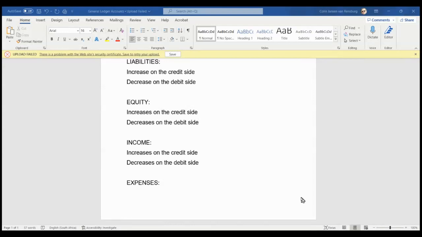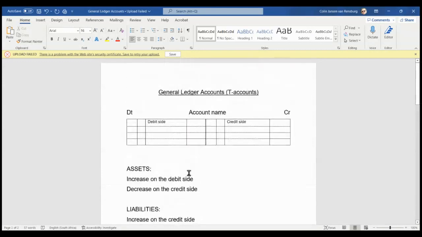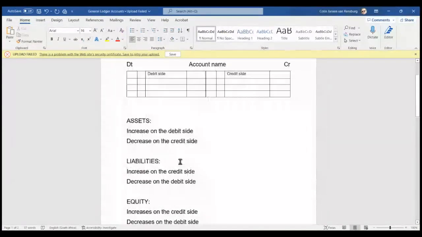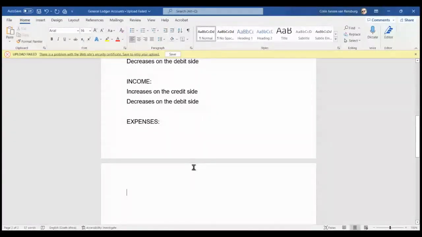So your expenses will increase on the debit side. So let us type that in for us. Expenses. Oh, now we're going to the next page. I might just reformat it a little bit later. I'll probably take out some spaces there. So expenses increase on the debit side.